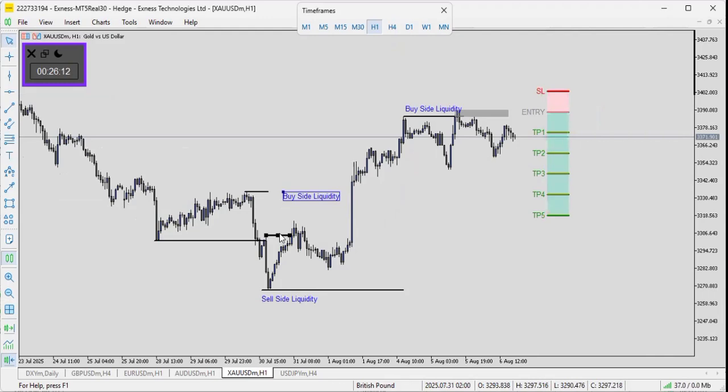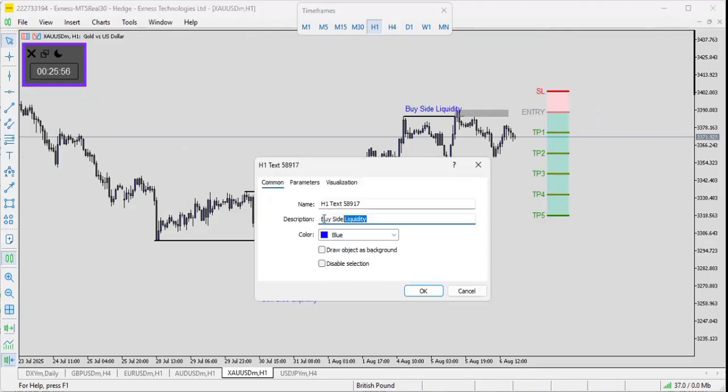Just be patient with me. You really enjoy it when you test run these things on yourself and you find out. So the moment this happens, we give it another name: break of structure.